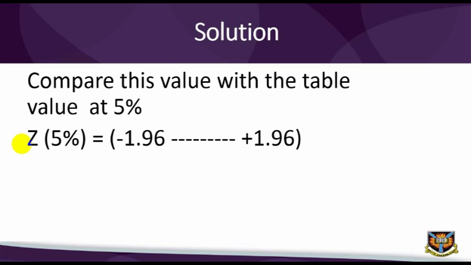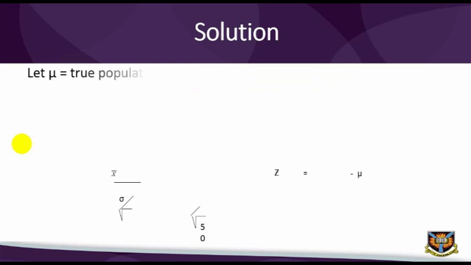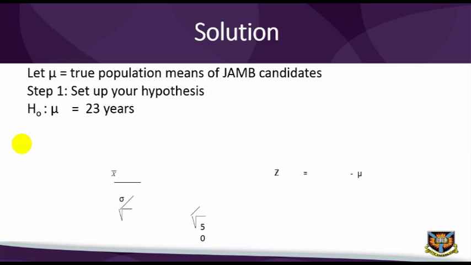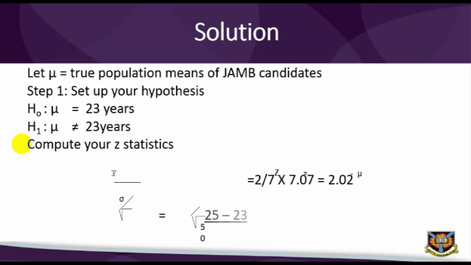Step 2. Compute your Z statistic. Z is equal to x bar minus mu over sigma over square root of n, which is 25 minus 23 over 7 over square root of 50, which is 2 over 7 over 7.07, which is equal to 2.02.